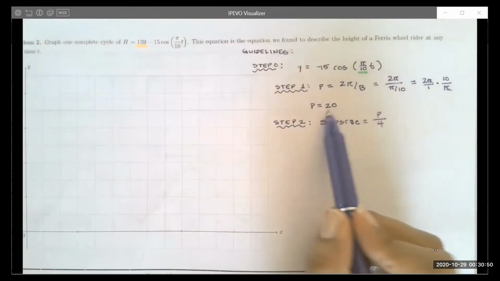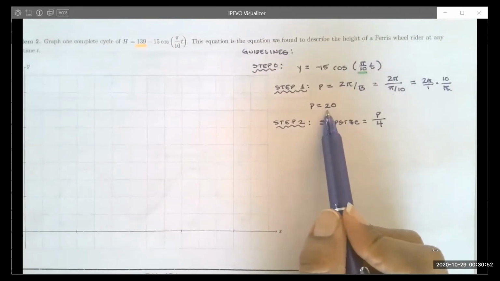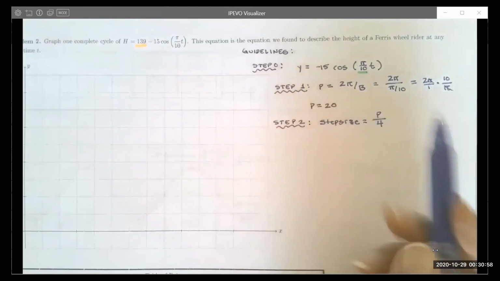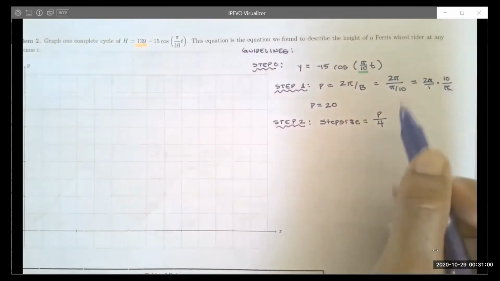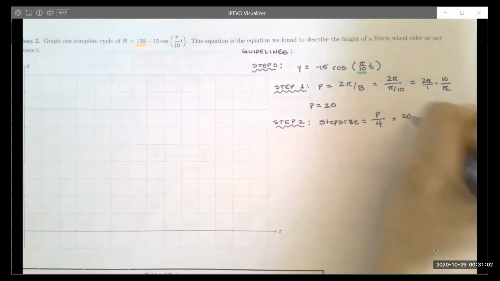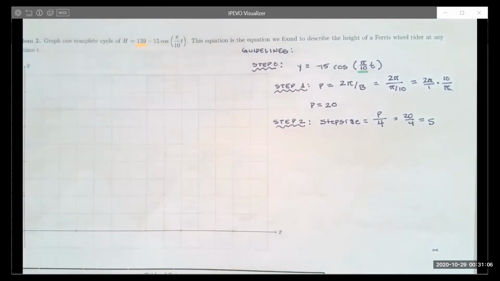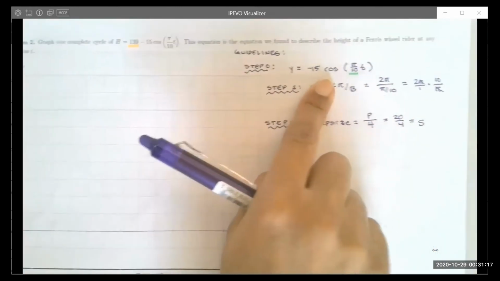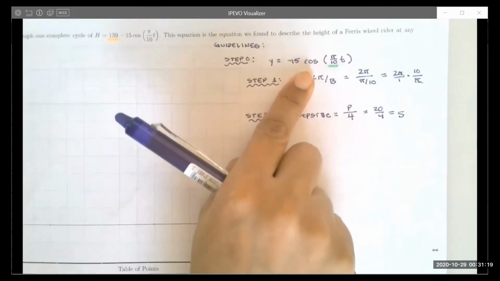So if the cycle gets completed in 20, whatever this may be, 20 radians or 20 minutes if this is time, then a quarter of that would be 20 over 4, which is 5. So at 5 minutes, we're going to see either a peak or a 0, depending on which trig function we're considering. In this case, we're considering cosine, so that means that we're going to be seeing a 0.